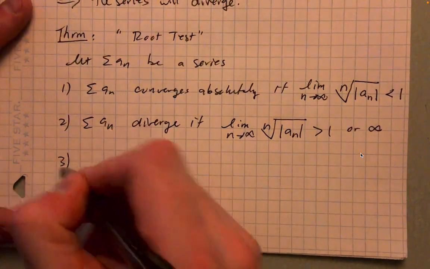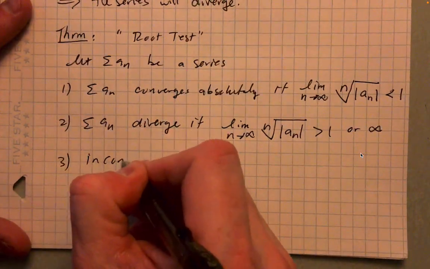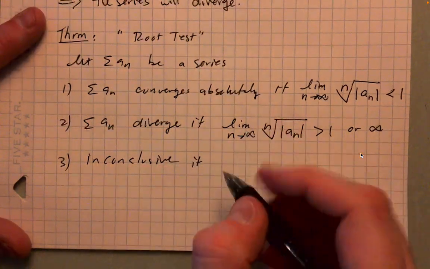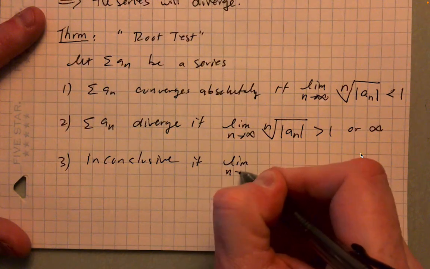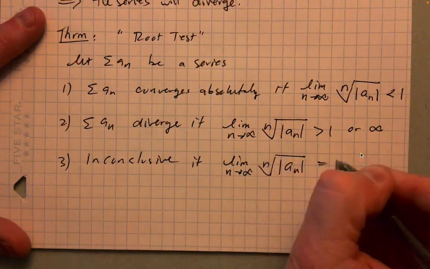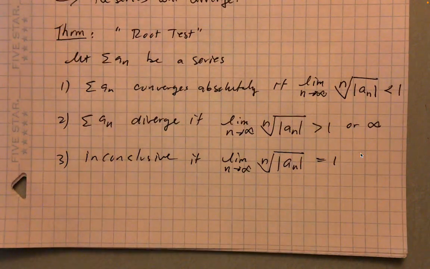And then just like with the ratio test, it is inconclusive if the limit as n goes to infinity of the nth root of a of n equals 1. So if it's equal to 1, then there's nothing that can be said. But if it's less than 1, we can say something. If it's greater than 1, we can say something as well.